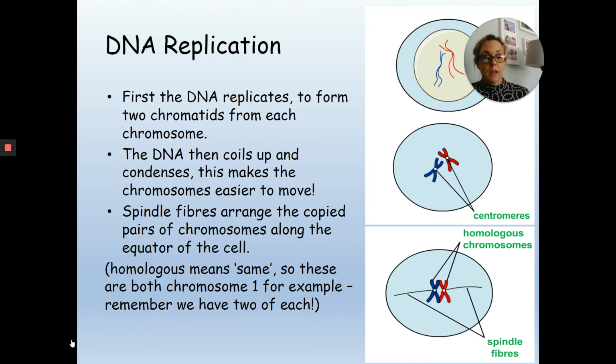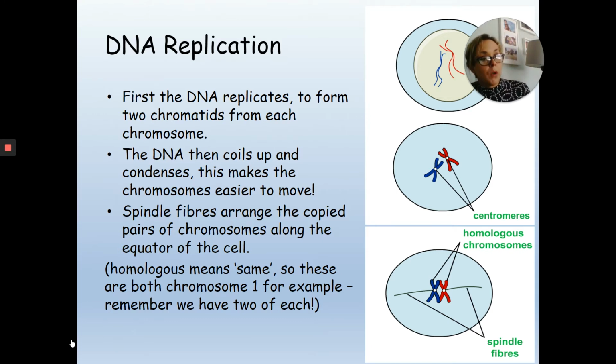So there's a new word there at the bottom, which is on the diagram, and it's homologous. So homologous means the same. So the 2 sets of chromatids you can see in the bottom of the diagram are, for example, chromosome 1, because in a normal body cell you would have 2 copies of chromosome 1, 2 copies of chromosome 2, 2 copies of chromosome 3, and so on.